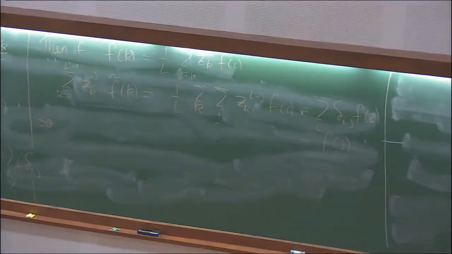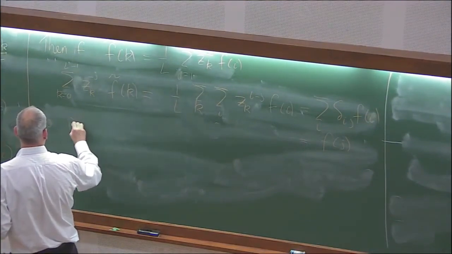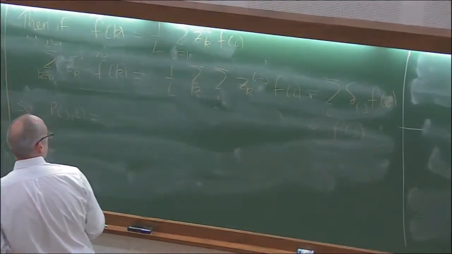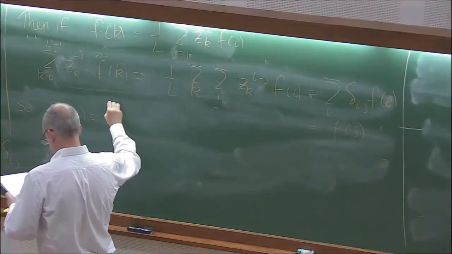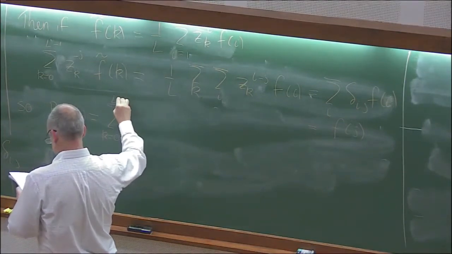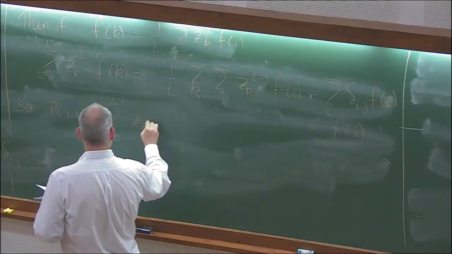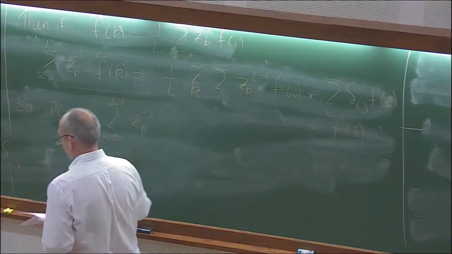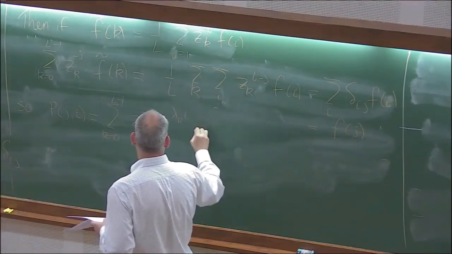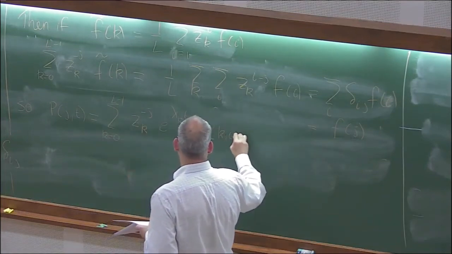So if I invert to get P of j, it will be the sum k equals 0 to L minus 1, z_k to the minus j, then this is simply e to the lambda_k t p tilde k, 0.